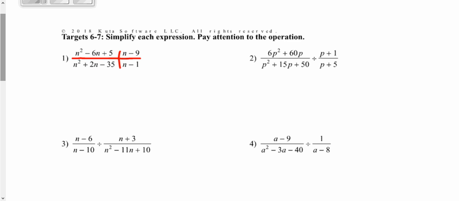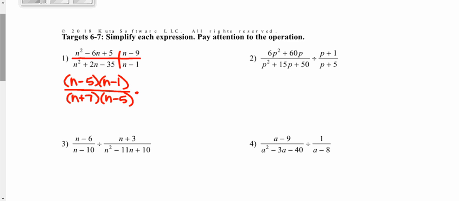On the first numerator, we're going to look for numbers that multiply to 5 and add to -6. So that would be -5 and -1. You can use the shortcut, so please go ahead and do that. In the denominator, numbers that multiply to -35 and add to 2. That would be +7 and -5.